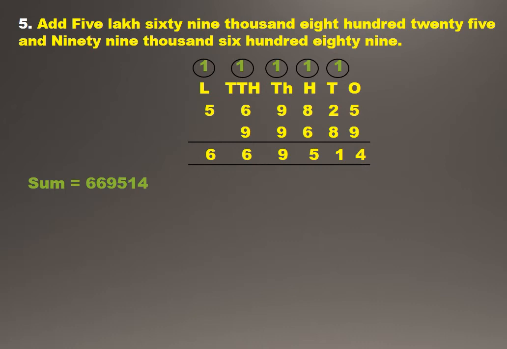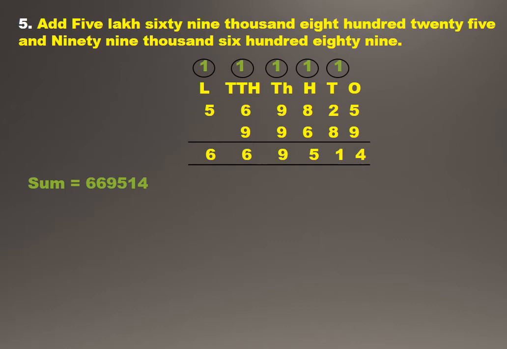First of all, write down ones, tens, 100, 1000, 10,000 and lakh. Now place the numbers. Number is 5,69,825. Clear? Next number is 99,689. Now add both the numbers.